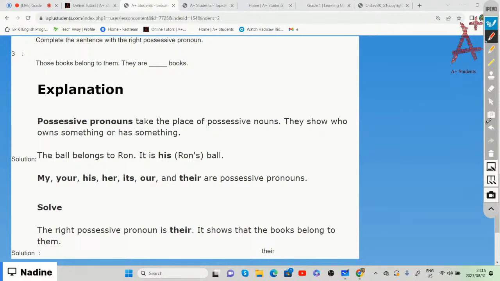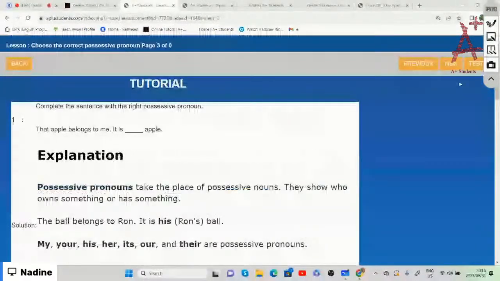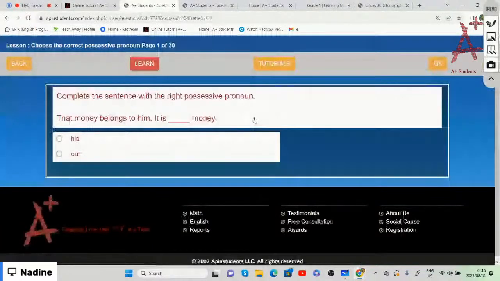All right. So now we're going to the little test. We complete the sentence with the right possessive pronouns. That money belongs to him.